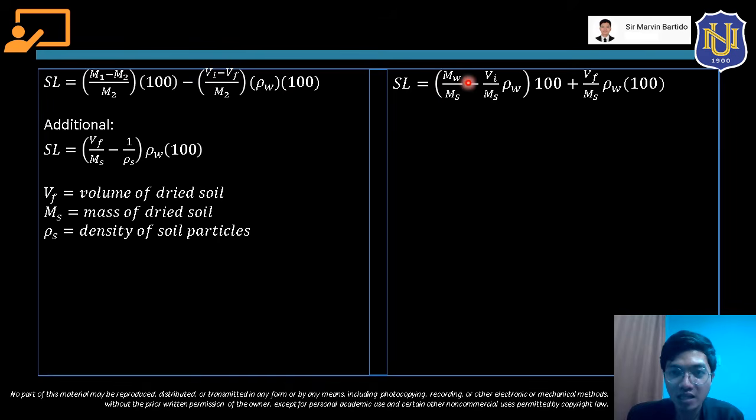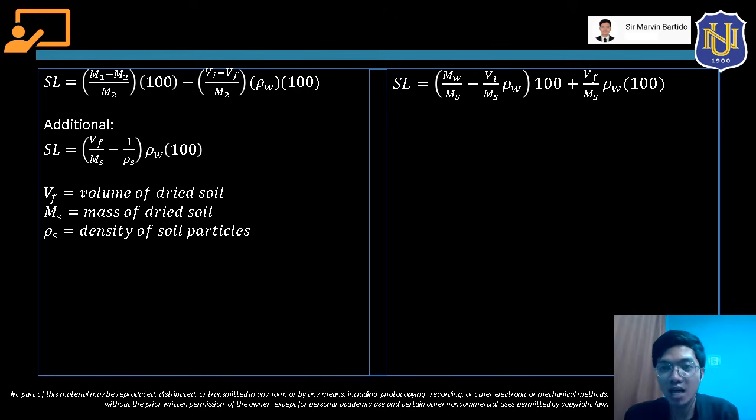Tama, so magiging negative V sub I over M sub 2, na yan ay M sub S din, mass ng dry soil, times rho ng water or density ng water, times 100. So yung naiwan na lang dyan class, negative times negative V sub F, magiging positive yon, over M sub 2, which is M sub S din yan, and then times rho ng water, times 100.